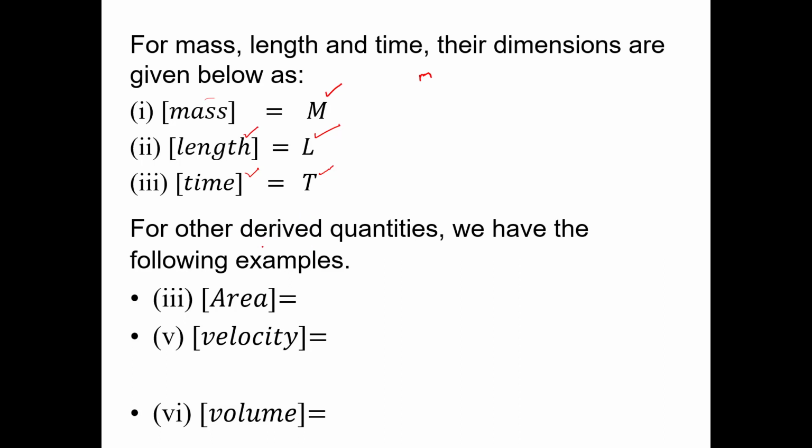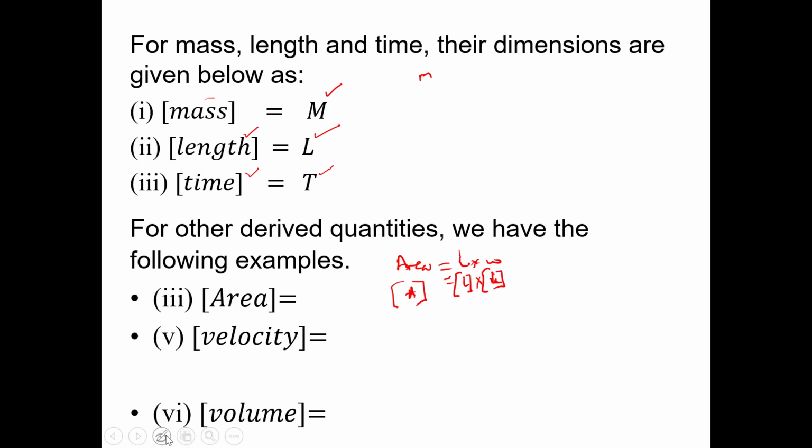Now, for other derived quantities, in case we want to express them in terms of the mass, length, and time, it is always better that you try to recall the equation of getting that quantity. For example, area is got from length times width. And remember that length is the same as width, in that they're all distances. So it is length times length. So what we shall do is that we shall simply have dimensions of area is equal to dimensions of length times dimensions of length.